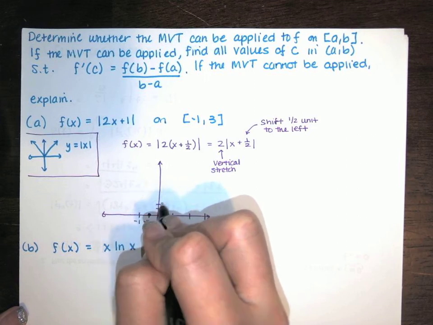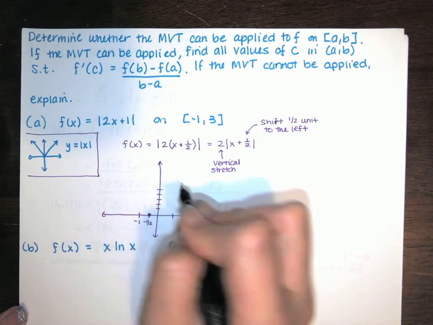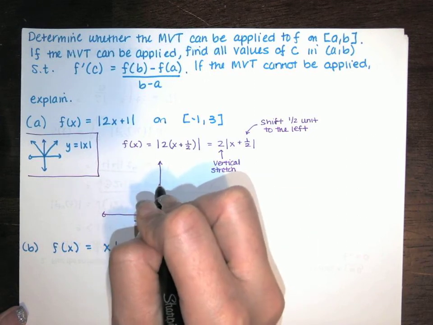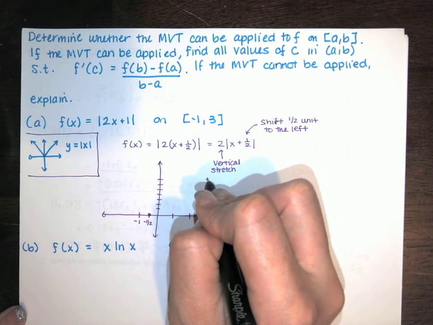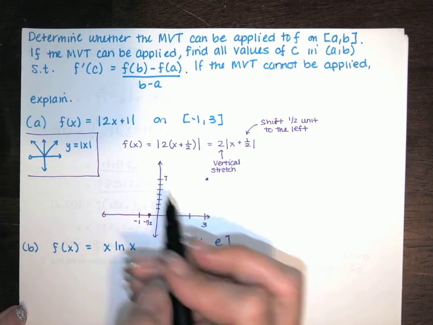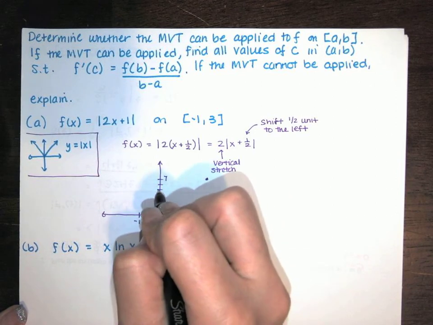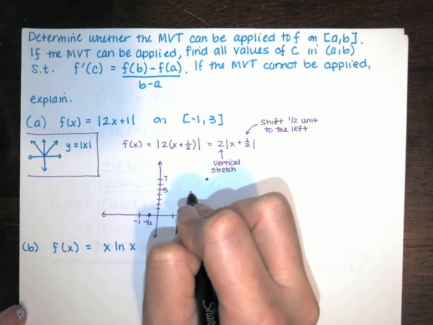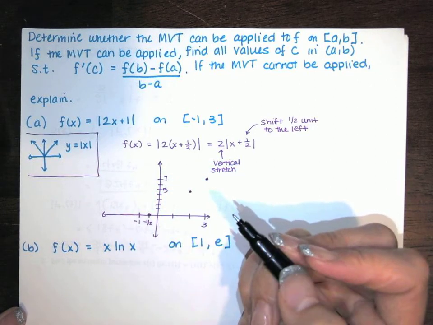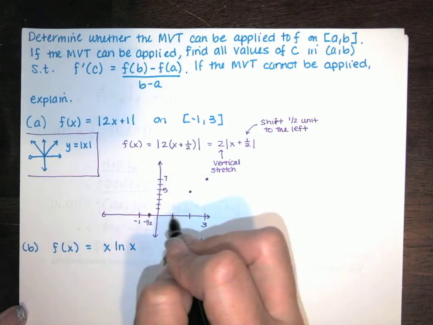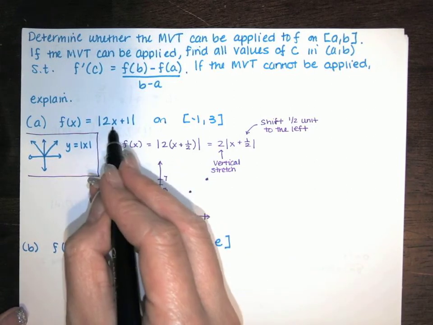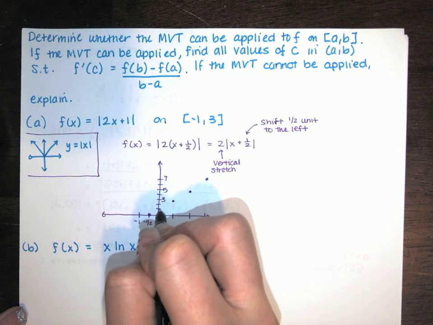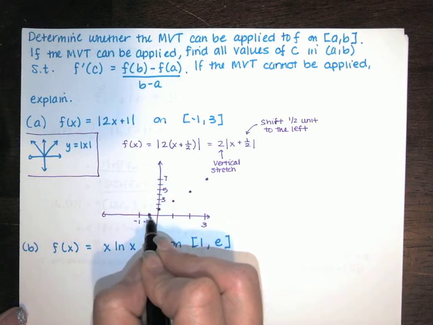So this is not to scale. So when x equals 2, y equals 5. When x equals 1, y equals 3. When x equals 0, y equals 1.